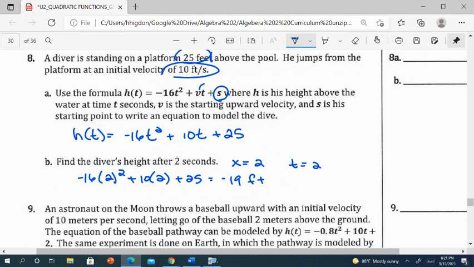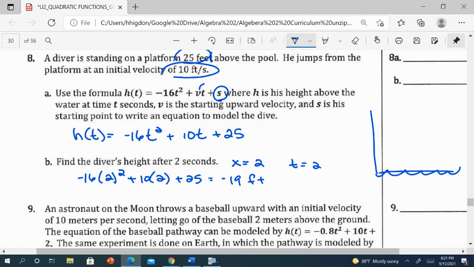So negative 19 feet. What does that mean? The height after 2 seconds is negative 19 feet. What that means is he's 19 feet underwater. So basically what happened on this one is your x-axis is the water surface.